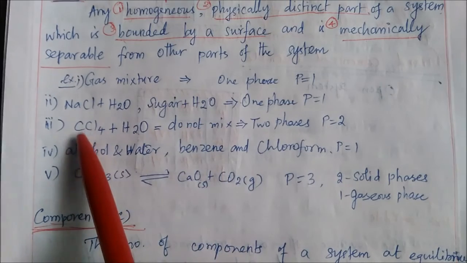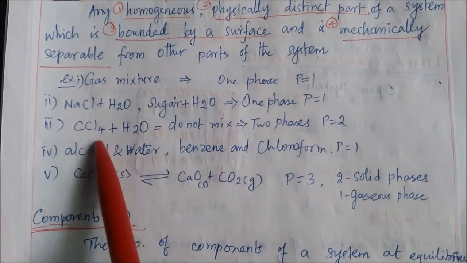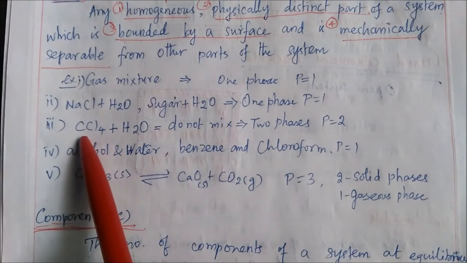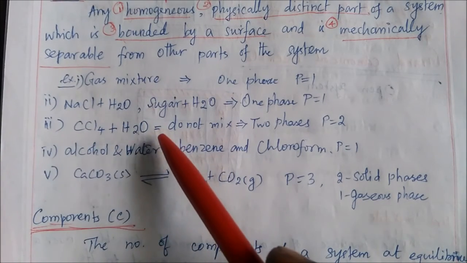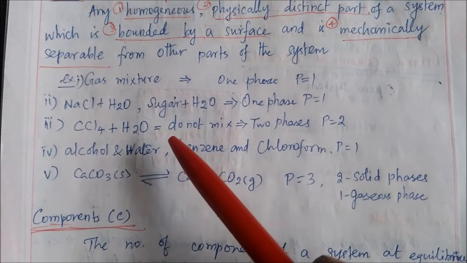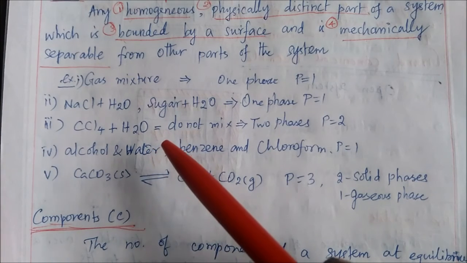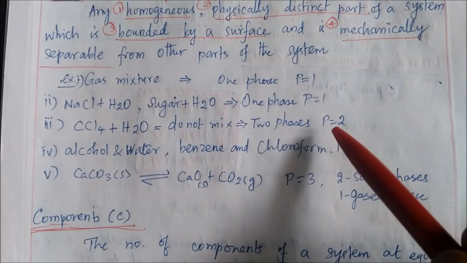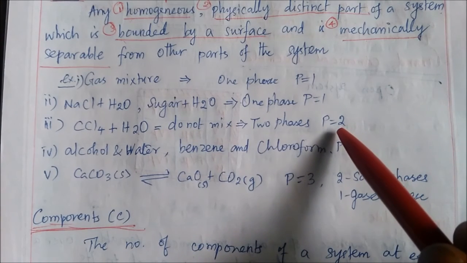Since they do not mix with each other, water with oil, water with carbon tetrachloride, we can have innumerable examples. Okay, so we can have any number of examples. There may be more than two phases also possibly present.